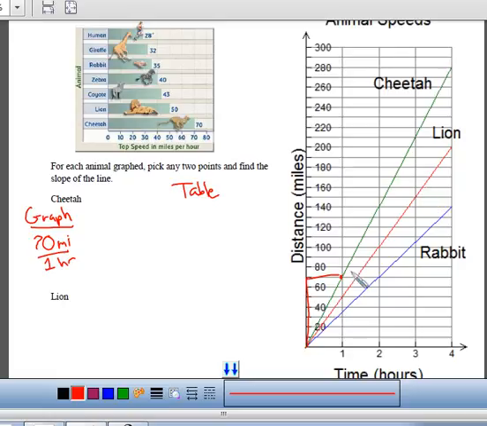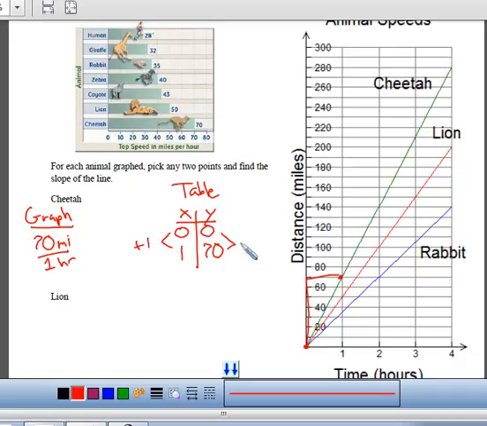Now if I want to do a table, I can actually use the origin and this point here. Watch what I get. So I get X and Y. The origin is 0, 0. This first point is 1 and 70. So find how much the X value is going up.